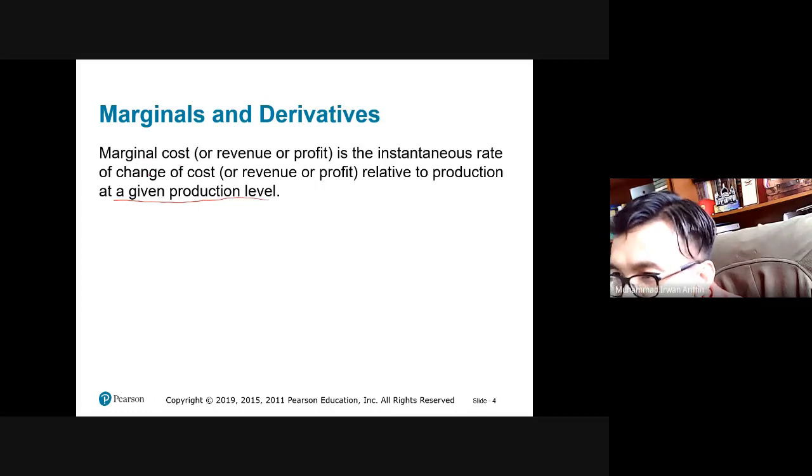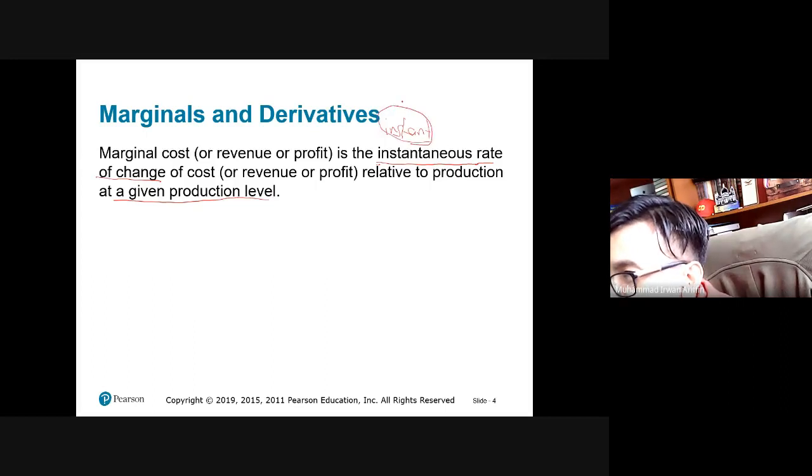Perhaps when we produce a small number, the instantaneous change in cost is smaller compared to when we already produce a lot, or vice versa. So it is all about the instantaneous rate of change, the change that happens basically instantly at that moment. How do you understand the word instant?